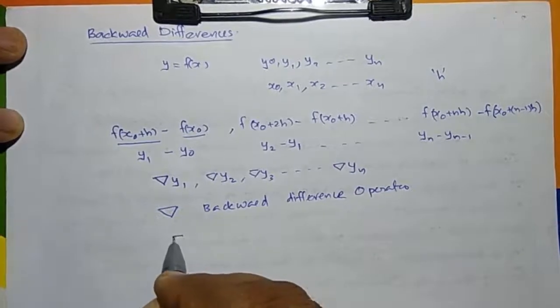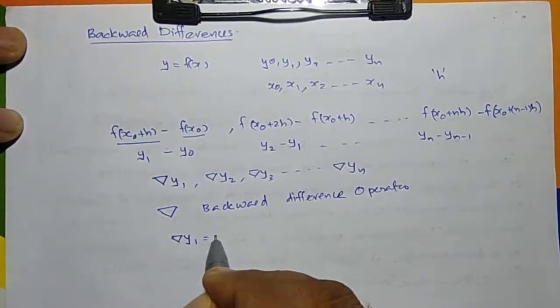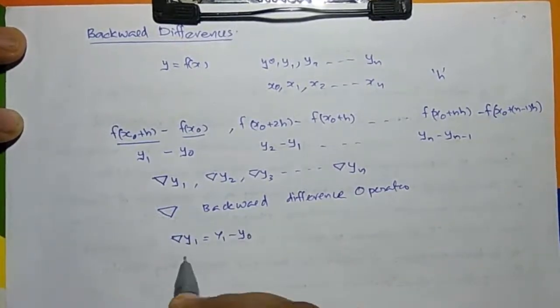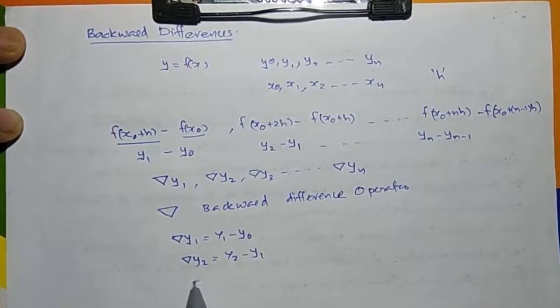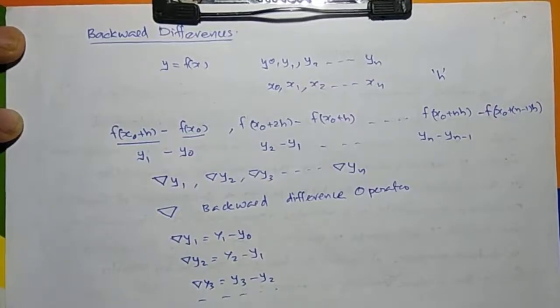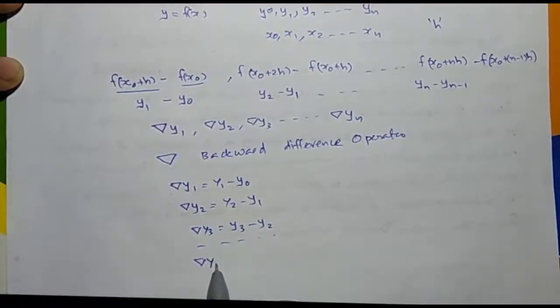So, nabla y1 equal to y1 minus y0, nabla y2 equal to y2 minus y1, nabla y3 equal to y3 minus y2, etc. nabla yn equal to yn minus yn minus 1.